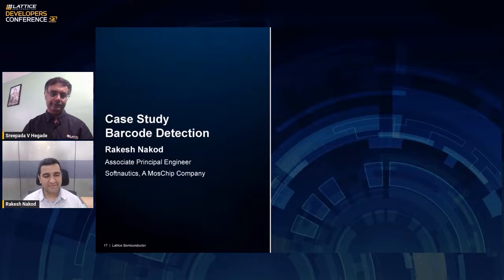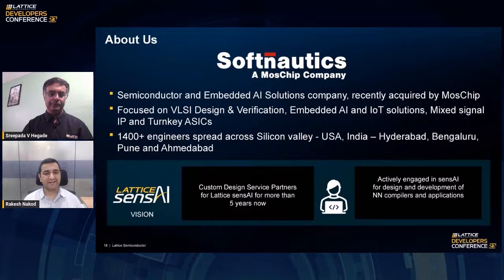Well, hello, everyone. My name is Rakesh Nakor. As Shiva introduced, I am working as an associate principal engineer with Softnautics, which is a Moship company, and I'll be taking you through the use case for barcode detection that we built using the sensAI stack. Before we move on to the use case, let me give you a quick introduction of my organization.